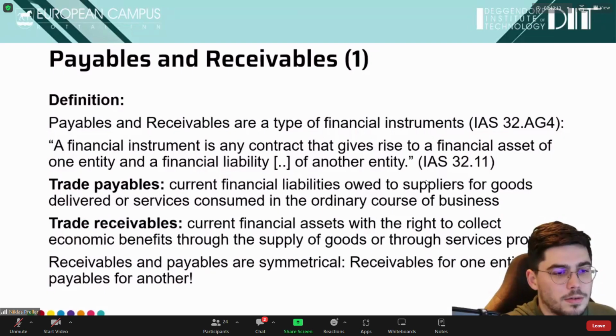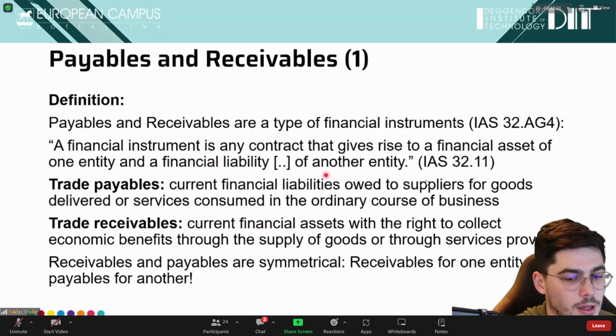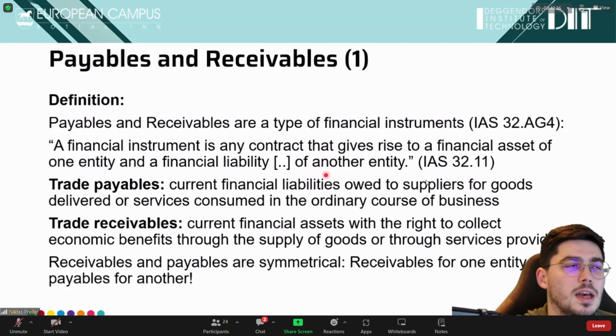So for payables and receivables, we dealt with them a lot, as we always use accounts receivables and accounts payables, or trade payables and trade receivables, whenever we have an invoice involved. So we send out an invoice, that would be trade receivables, and we get an invoice that we have to pay, that would be trade payables.